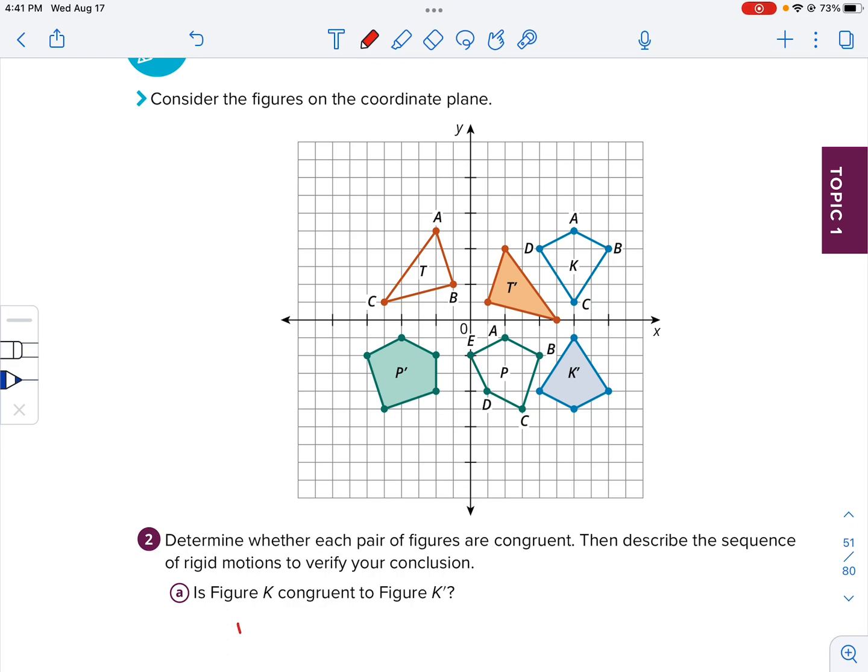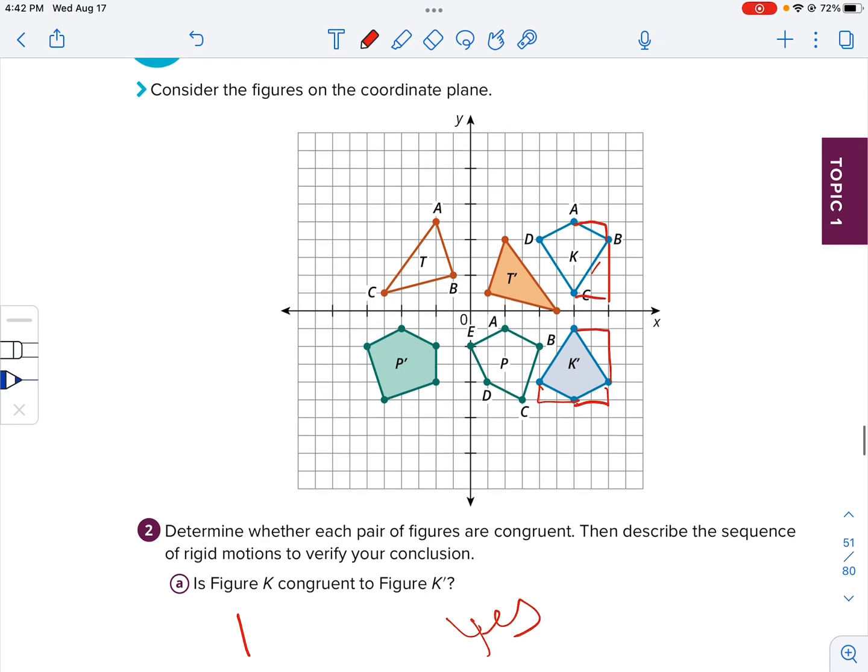I know that K and K prime, yes, they are. How do I know? Because if I look at this, this goes up 1 over 2, up 1 over 2, up 1 over 2. This goes down 3 over 2, down 3 over 2. So yes, it is.